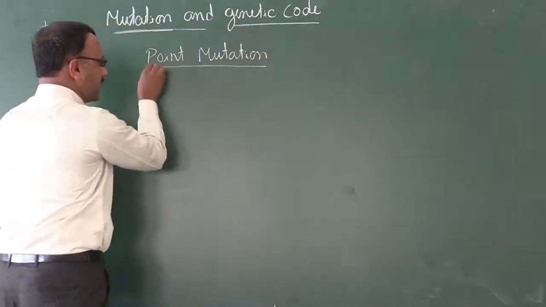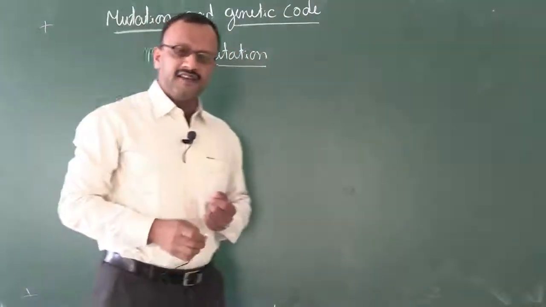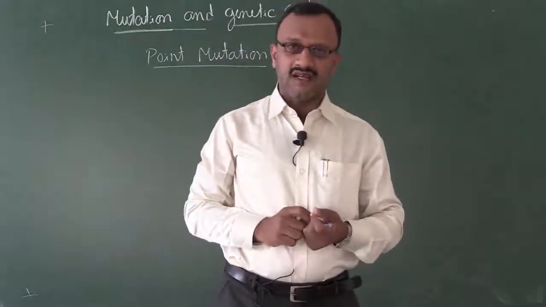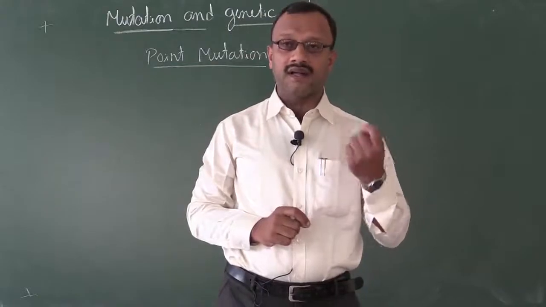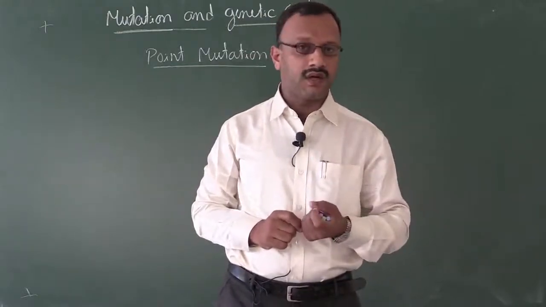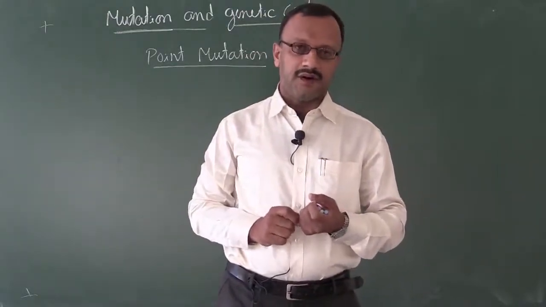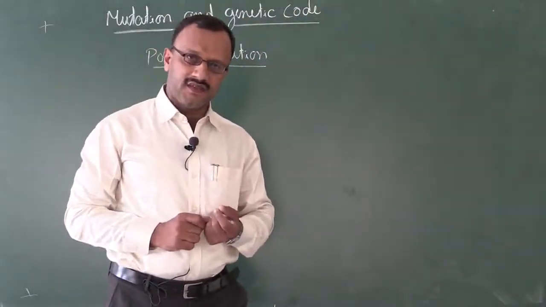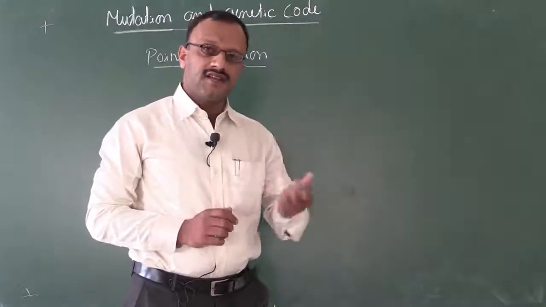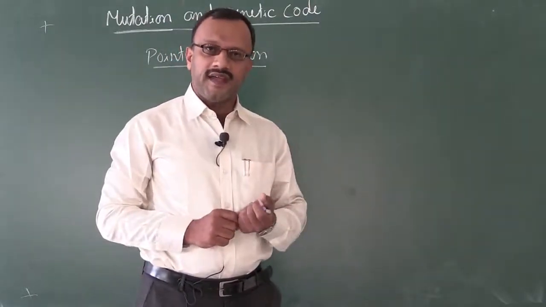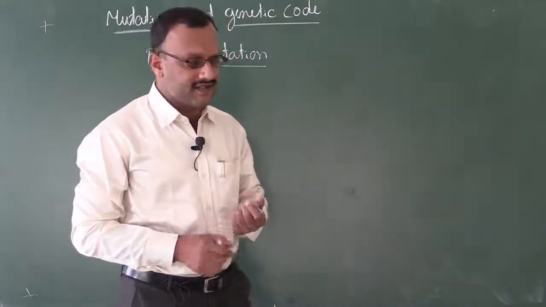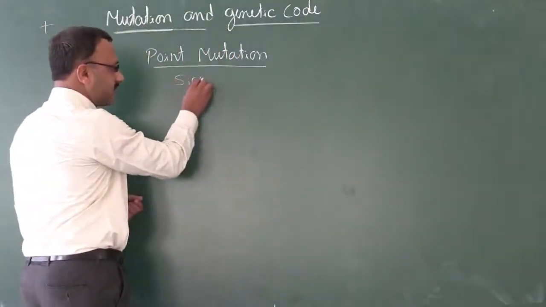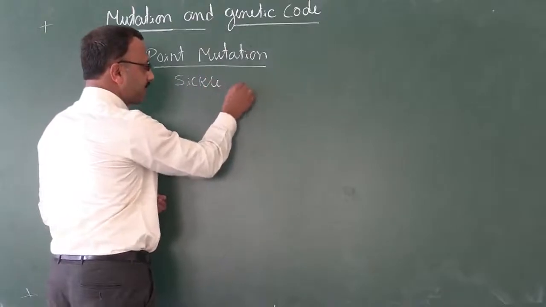In point mutation, alteration occurs in the form of one single nitrogen base at one particular point or location. That brings about the change in genotype of an organism, which ultimately changes a number of phenotypic characters of an organism. The best example to understand this is sickle cell anemia.